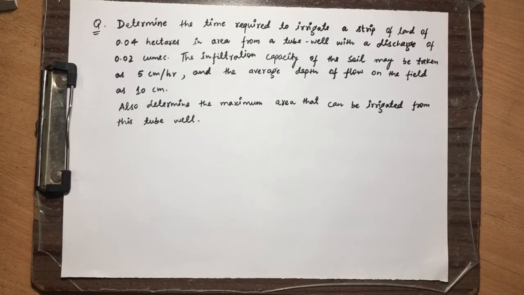So this is the question: determine the time required to irrigate a strip of land of 0.04 hectares in area from a tube well with a discharge of 0.02 cubic. The infiltration capacity of the soil may be taken as 5 centimeter per hour, and the average depth of flow on the field as 10 centimeter. Also determine the maximum area that can be irrigated from this tube well.